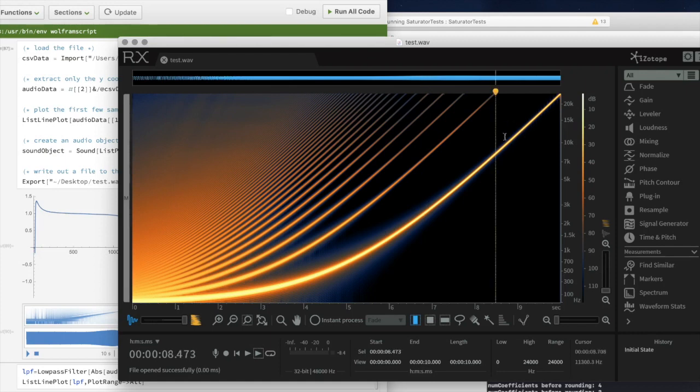By the time we hit this frequency, which is half the Nyquist frequency, there's no more distortion applied here. And that's because there's no way to distort these frequencies without aliasing, because when you apply distortion, you're going to add higher harmonics, and the next higher harmonic would be twice this frequency, which is off the scale already.